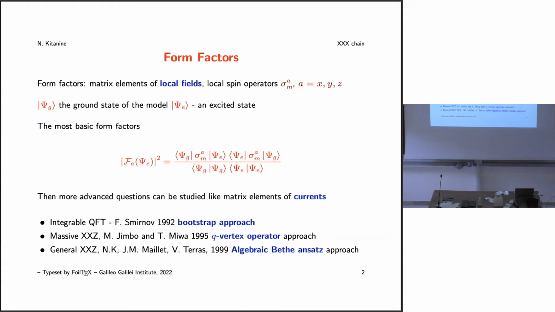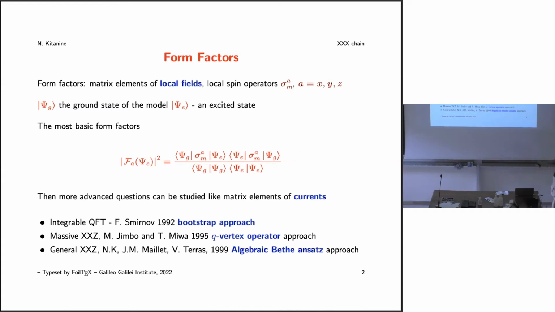So what we are interested in is zero temperature correlation functions. So we work around the ground states, and we want to compute these nice matrix elements, because after that, if you want to compute correlation functions, of course, you can proceed through sums of these form factors. So that's a very long story for the integrable QFTs.